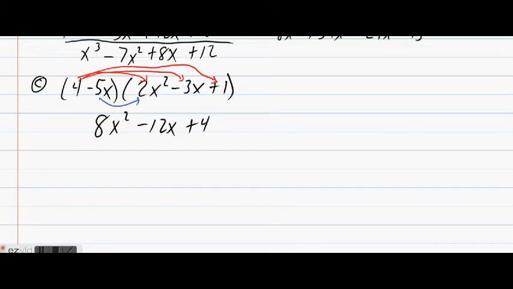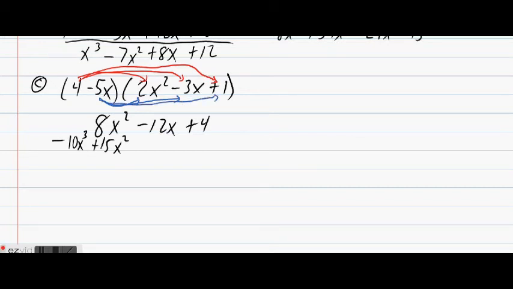Then negative 5x times 2x squared. Here's where the adjusting comes in. I'm going to have x to the third, so I want to move to the left a little bit and give it its own column. Negative 10x to the third. Negative 5x times negative 3x, so plus 15x squared.